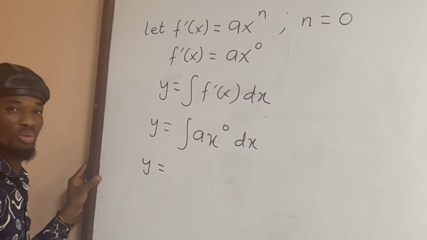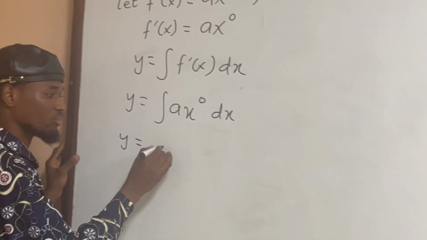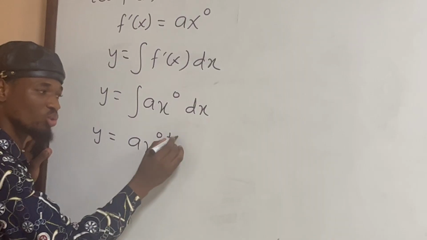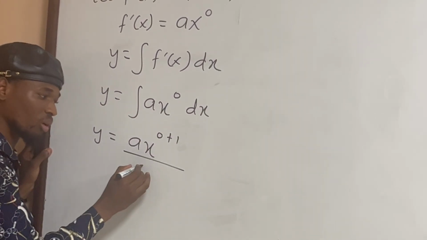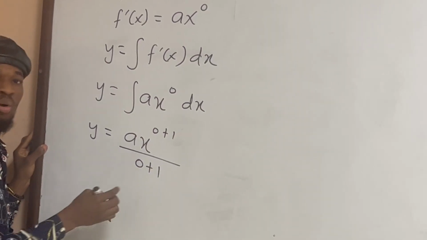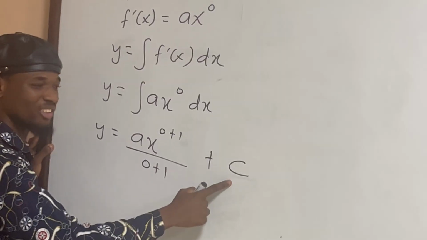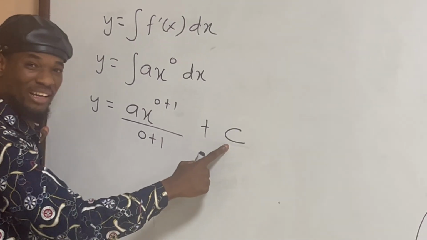So I have y is equal to, now what is the rule over here? We said you always add 1 to the exponent, then divide by the new exponent, which is 0 plus 1. Because this is indefinite integral, you add the constant of integration. Viewers, subscribers, please do not forget this.